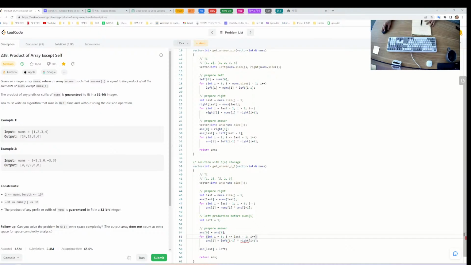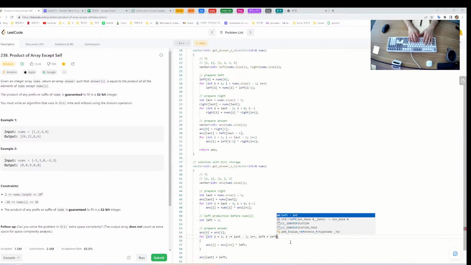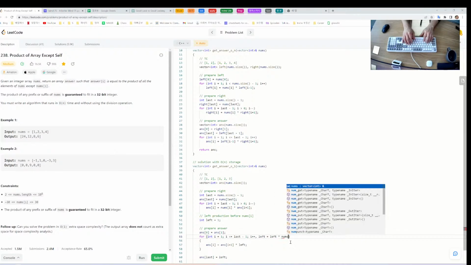So last minus 1 actually means until here. This case. So answer I will be answer I plus 1 and then multiply by left, right? And then since we are gonna left equals left multiply by nums I.